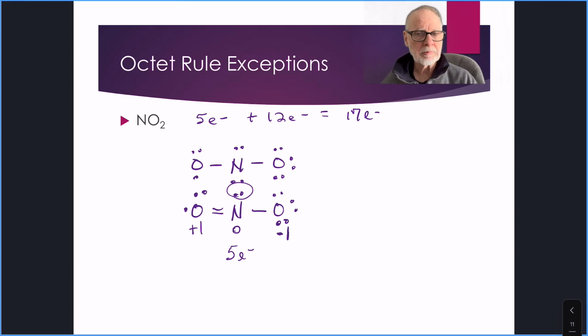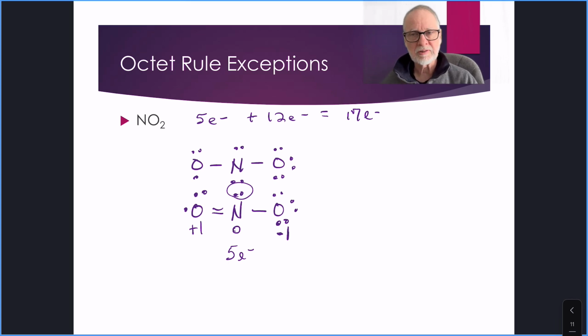Remember, when you add up the formal charges, they should add up to the charge of the molecule, which is 0. In any event, what we've drawn here is our situation for an exception to the octet rule because we have an odd number of electrons, and again, there's no way that we're going to get it in this situation. So we can draw some other resonance structures, obviously, for this molecule.